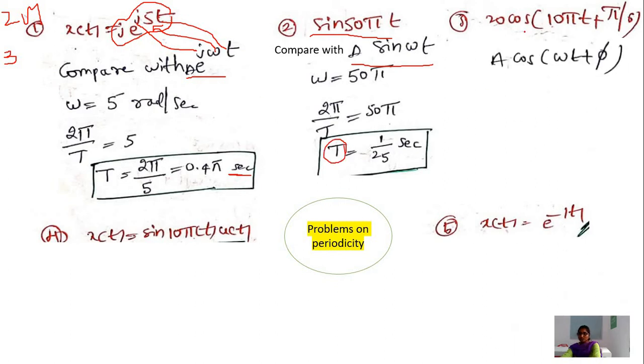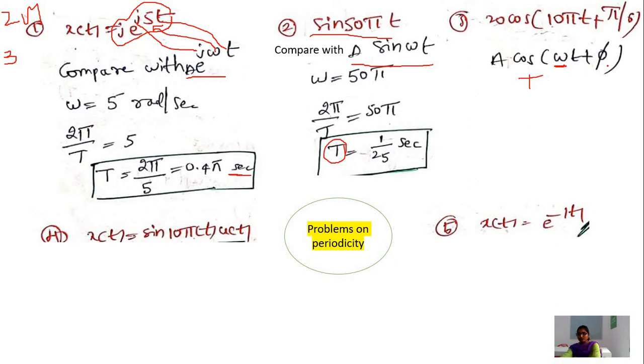Next problem, the cos signal. It has both angular frequency and some phase, but irrespective of phase, don't bother about the phase. We have to concentrate only on the omega, because from this only we need to find out the time period.